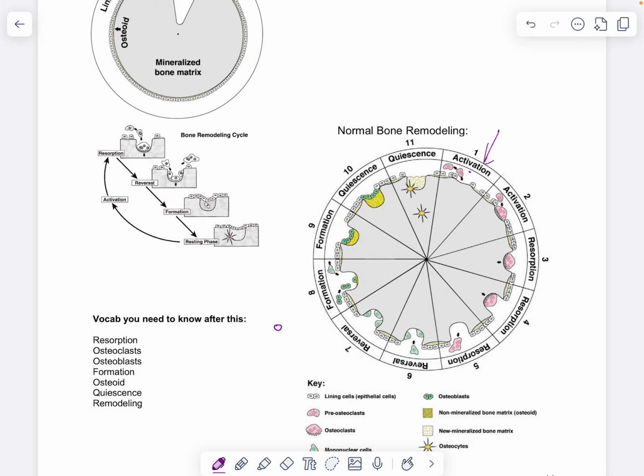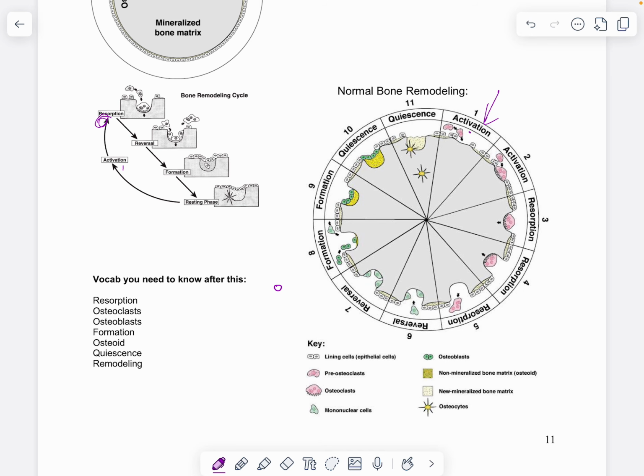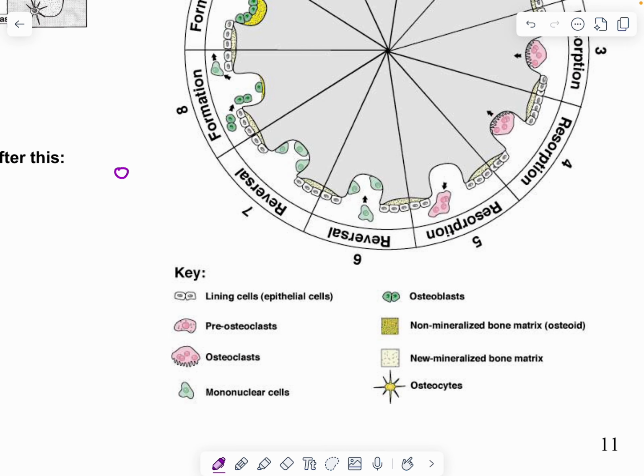So activation. This could be a bone that has been exercised and the muscle is pulling on it. So you're constantly going to be remodeling. So we're activating right here. And you can see that we've got these little pink guys, and those little pink guys are pre-osteoclasts.